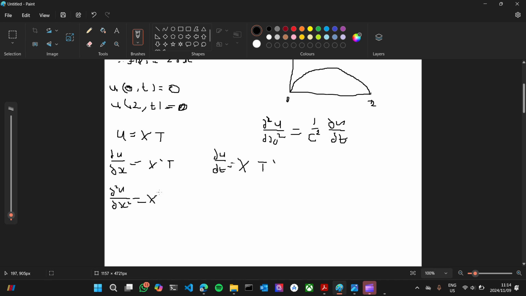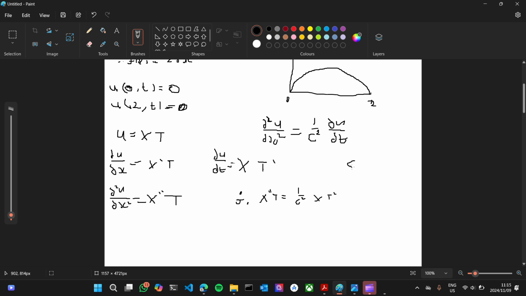That's going to give us x double prime of t. Okay, so now that means our equation here can be represented as x double prime t, which is equal to 1 over c squared x t prime.